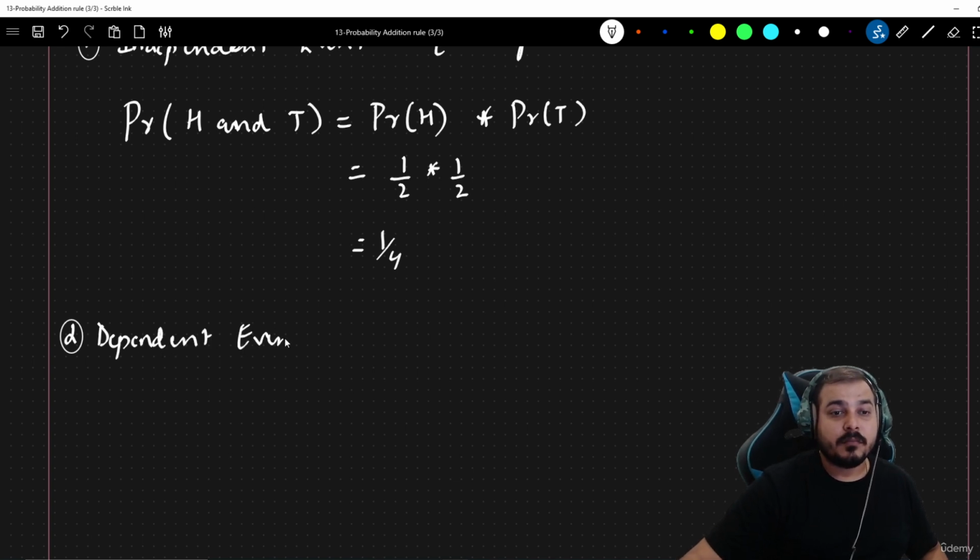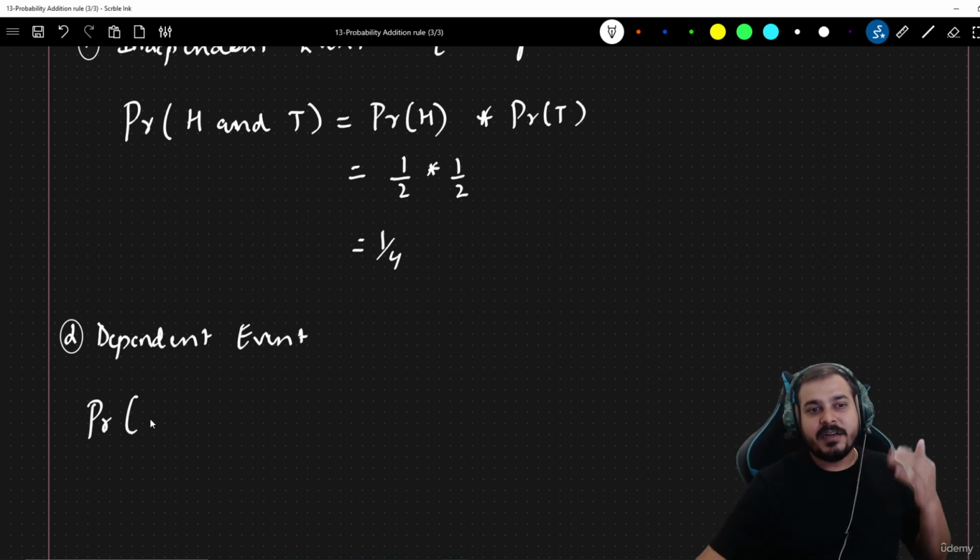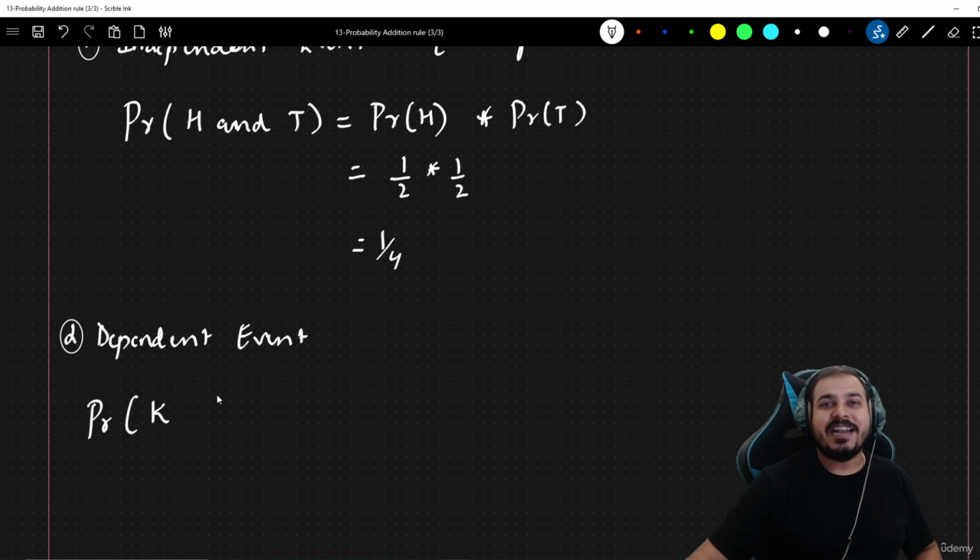Dependent event. Now suppose I am given a task: what is the probability when I take out a card from the deck? What is the probability of first getting a K, and then if I take out one more card, what is the probability of taking out a Q, that is the Queen card?